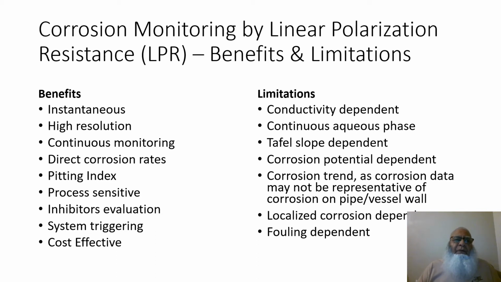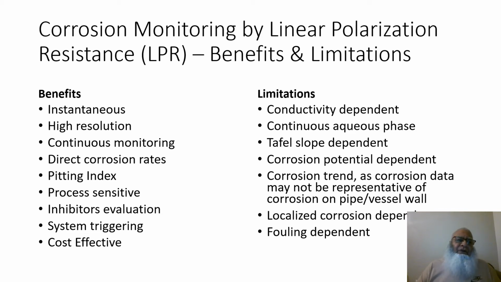You just plug the meter into the probes installed in the system and you can monitor the corrosion rate. It has a high resolution. You can even install a continuous monitoring system and find out how the corrosion changes on a continuous basis. It gives the direct corrosion rates without calculations.